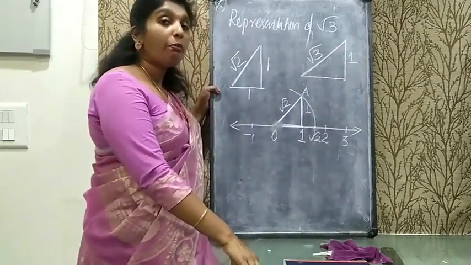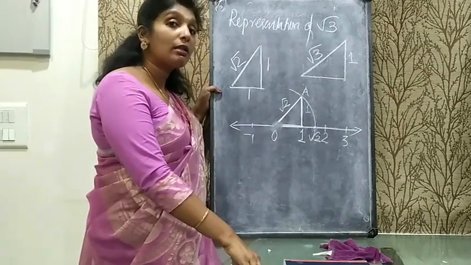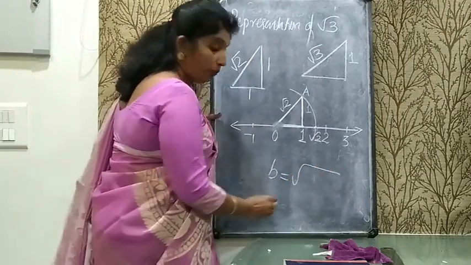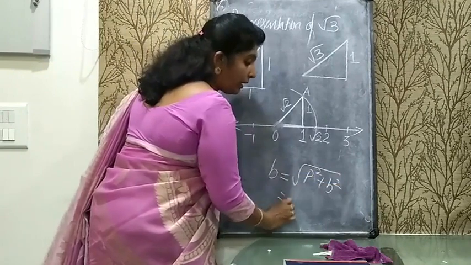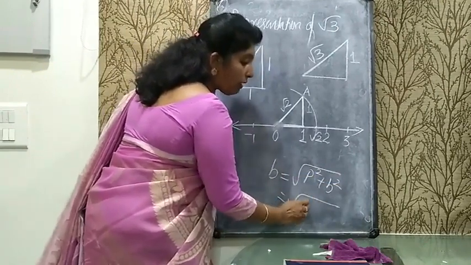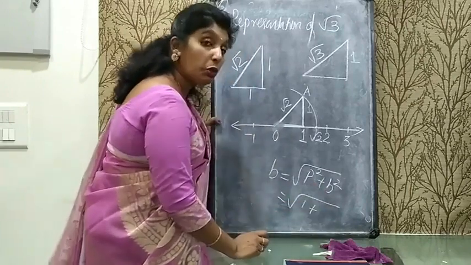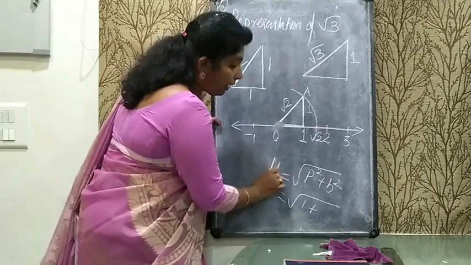If the perpendicular is 1 and the hypotenuse is root 3, then what should be the base? Base is equal to under the root perpendicular square plus base square. It means under the root, perpendicular square is 1 square, which is 1, plus base square, that is the unknown which you need to find. That should be the hypotenuse.